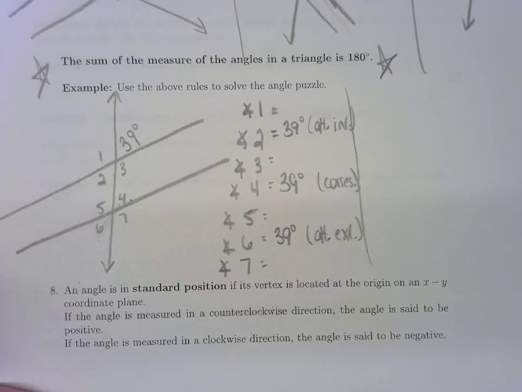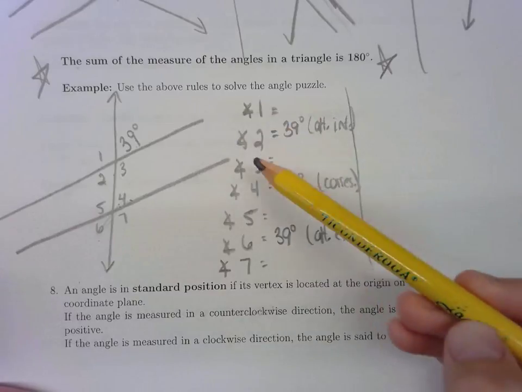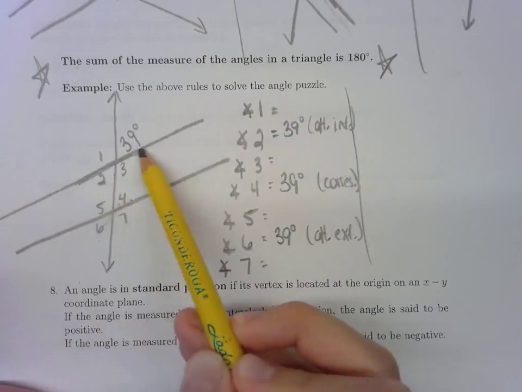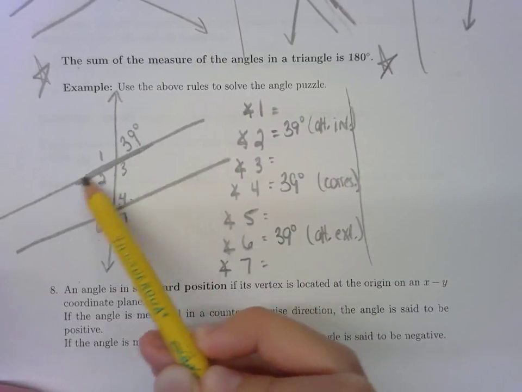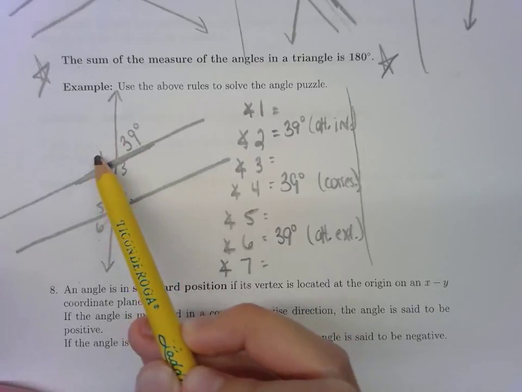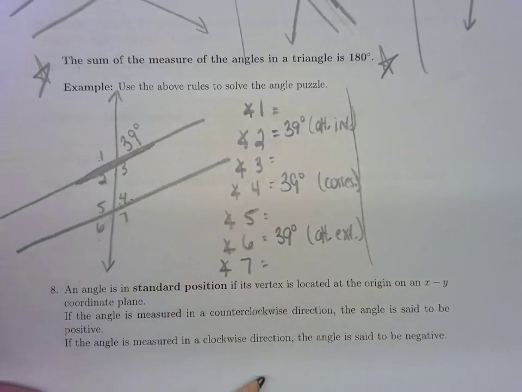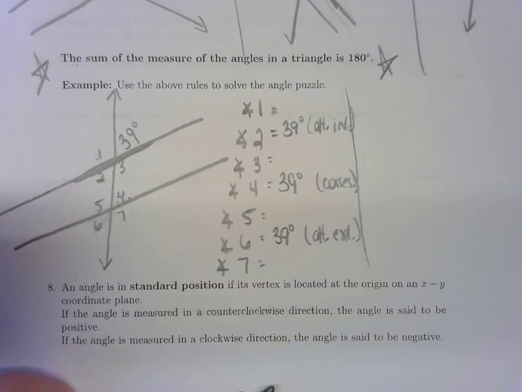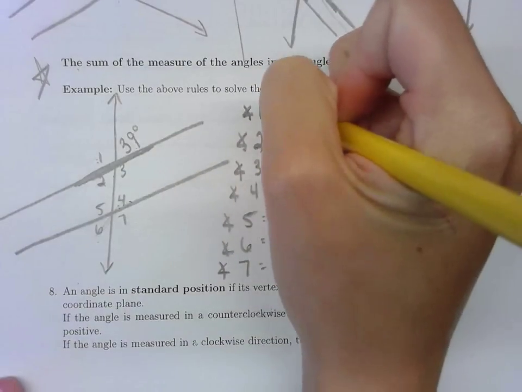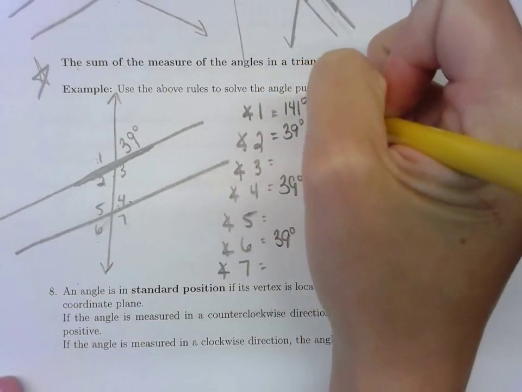So how are we going to figure out 1, 3, 5, and 7? Well, probably the thing I'm noticing is this whole angle here is 180 degrees. We have 39 here, so we need to figure out what this 1 is. We would just subtract from 180, which I need a calculator for, just to make sure I get it correct. I got 141. And I'm going to put that with supplementary angles.